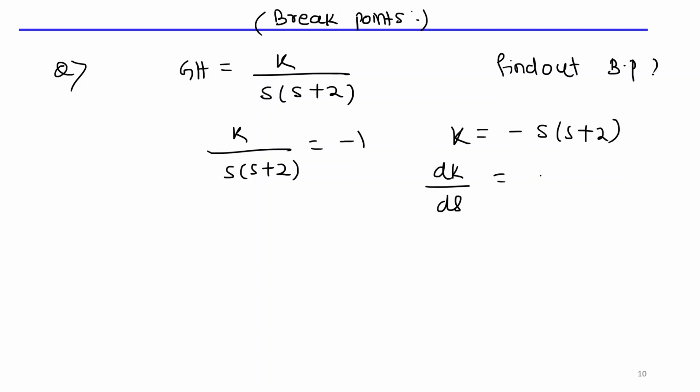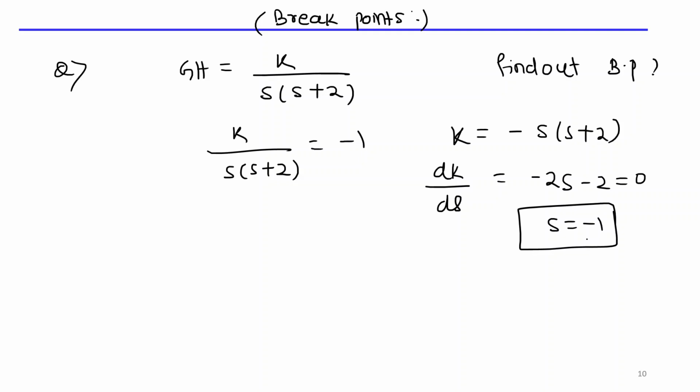So minus 2s minus 2 equal to 0. So s equal to minus 1. Right? Everyone got s equal to minus 1? Yes, sir. So this is a breakpoint. So after solving, you can confirm that s equal to minus 1 is a breakpoint.